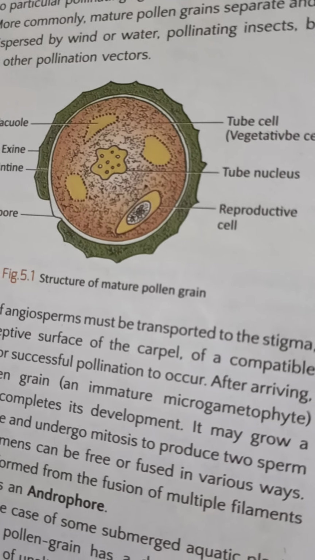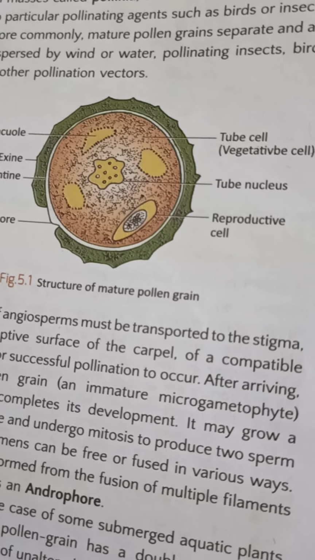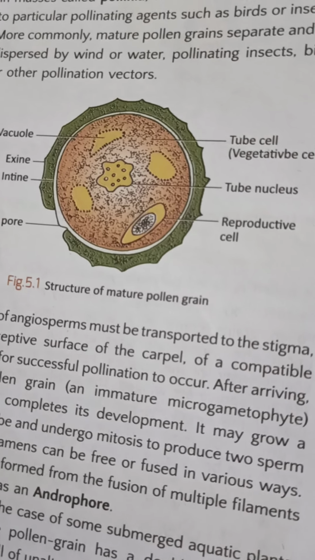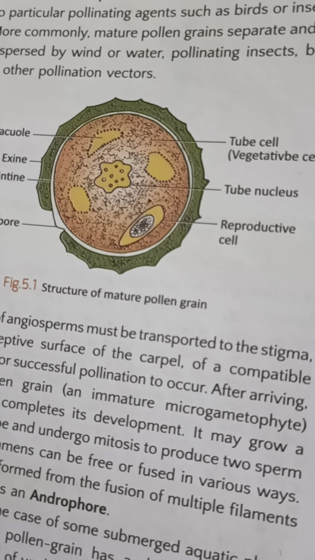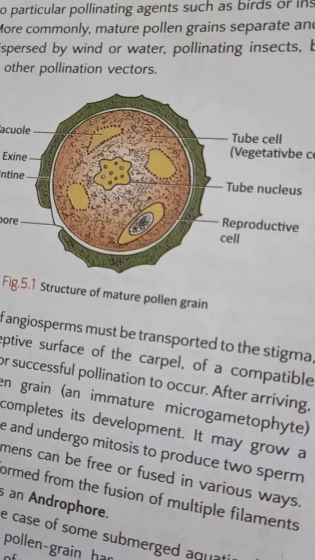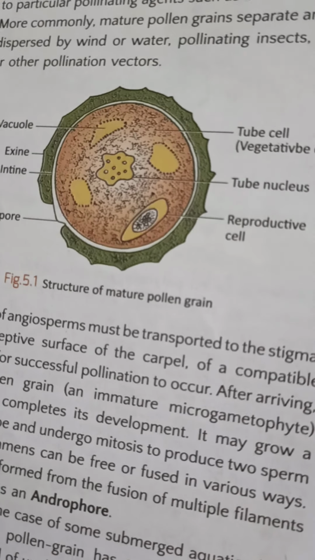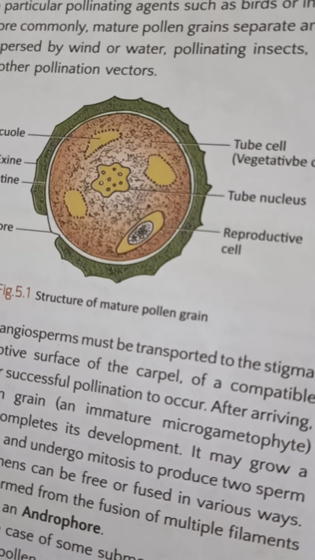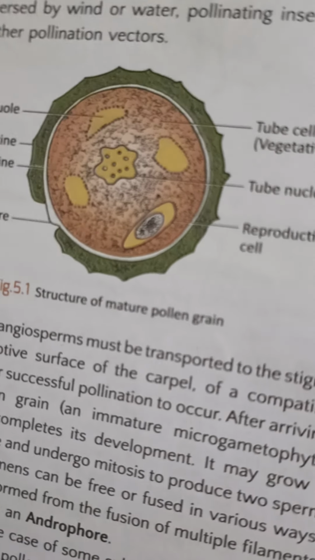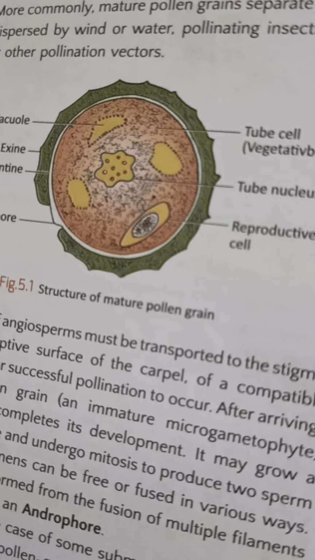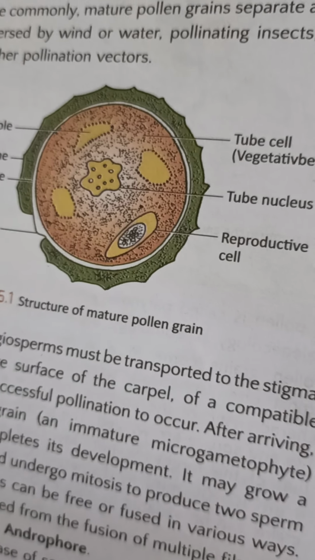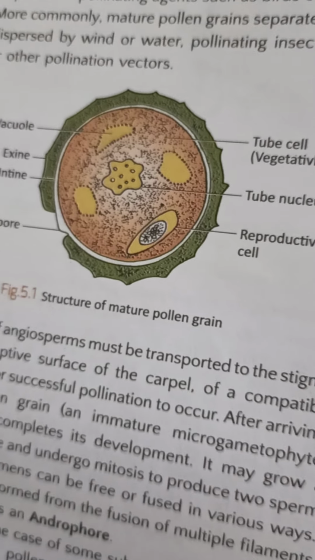Each pollen grain contains a non-reproductive vegetative cell, only a single cell in most flowering plants but several in others, and a generative reproductive cell containing two nuclei. What happens is, inside this pollen we see two types of nucleus: the tube nucleus, which forms the pollen tube, and the generative nucleus, which divides to form two male gametes.